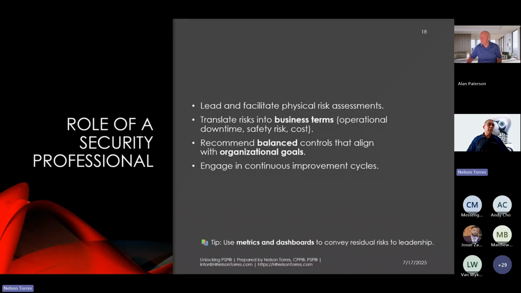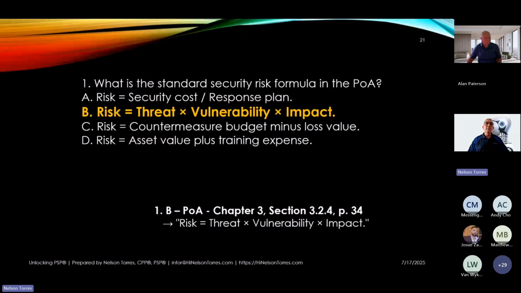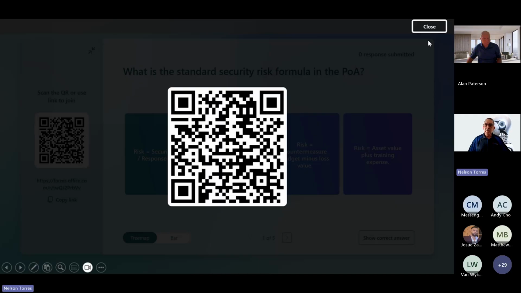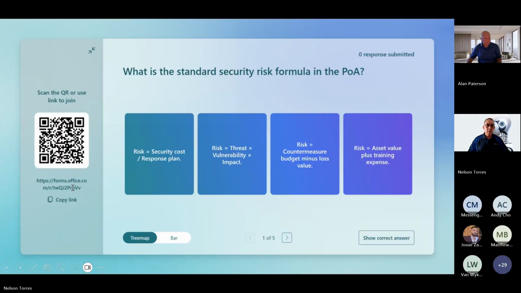In the meantime, if people want to respond to the poll, it will be in the chat. You have the QR code and you have the link in the chat.